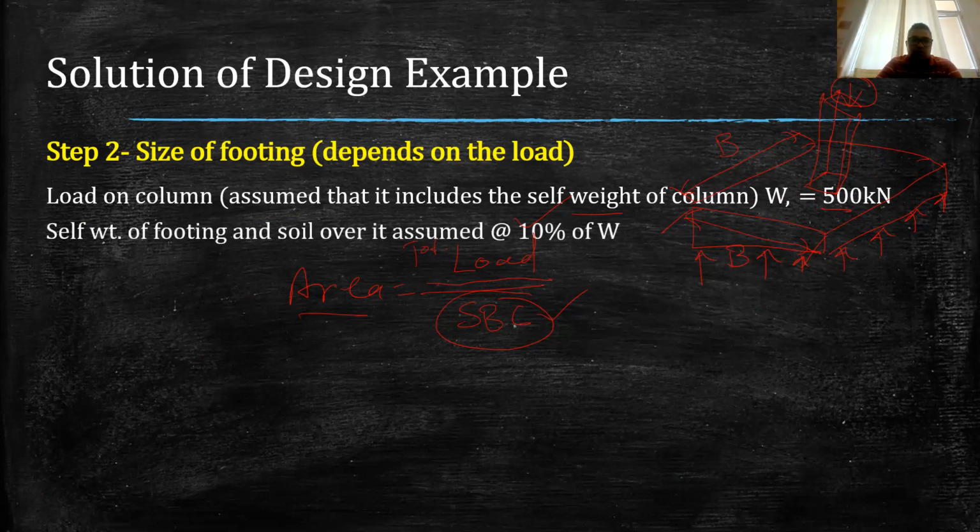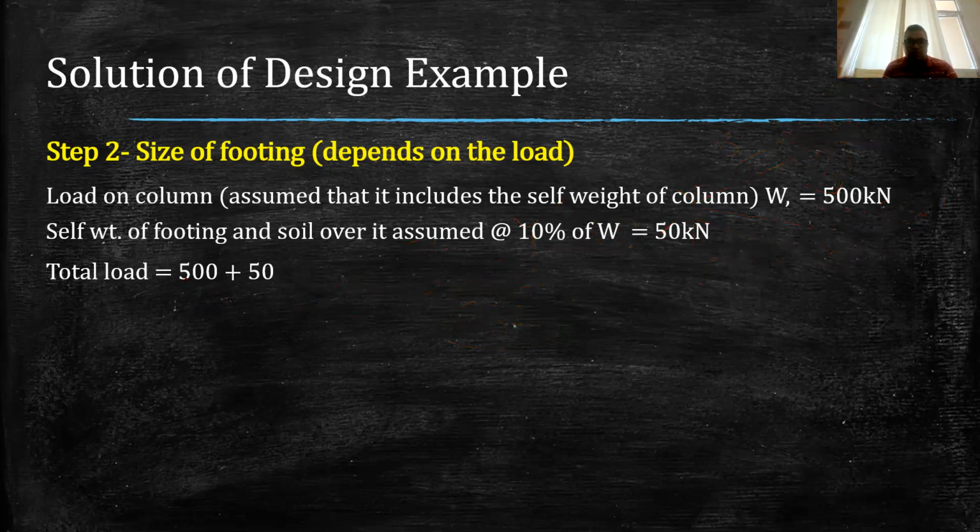So therefore sometimes we assume the self weight of foundation equivalent to 10% of the load coming from the column. So load coming from the column is W. So 10% of W is 50 kilonewton. So that becomes the total load: 500 plus 50, 550. So this is how we calculate the total load.